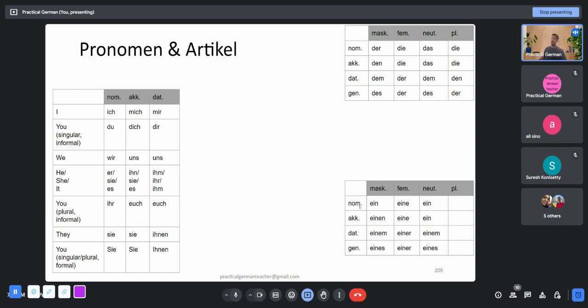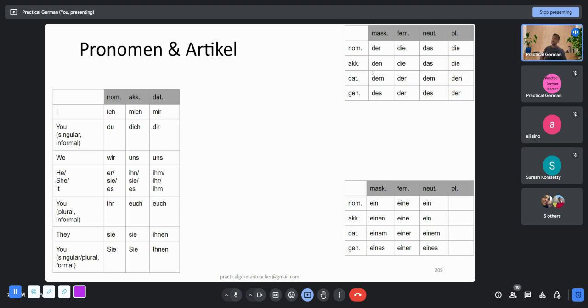When you go from nominative to accusative, if you noticed in the definite one, only the article for the masculine noun changed. The other ones remain the same. You can apply the same logic here as well. The indefinite article changes only for masculine noun. So ein becomes einen, feminine eine remains eine, neutrum ein remains ein.